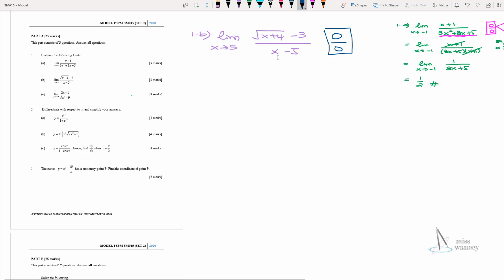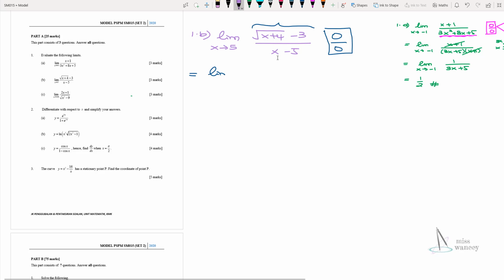So we must either factorize or multiply with the conjugate. I do see something with a square root in my numerator, so I'm going to multiply with the conjugate of my numerator.